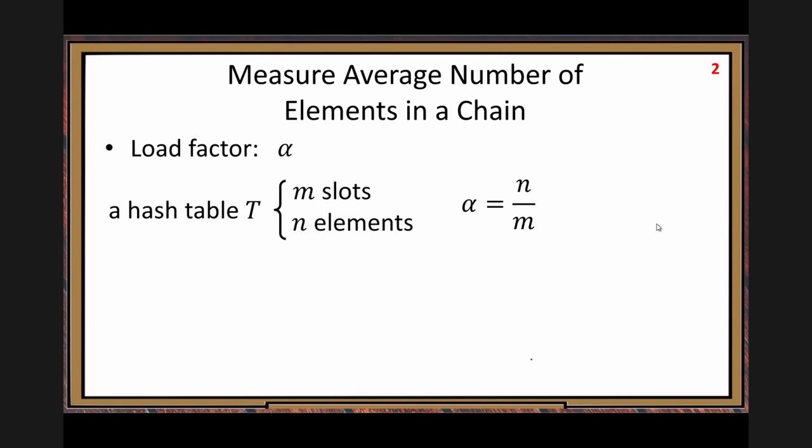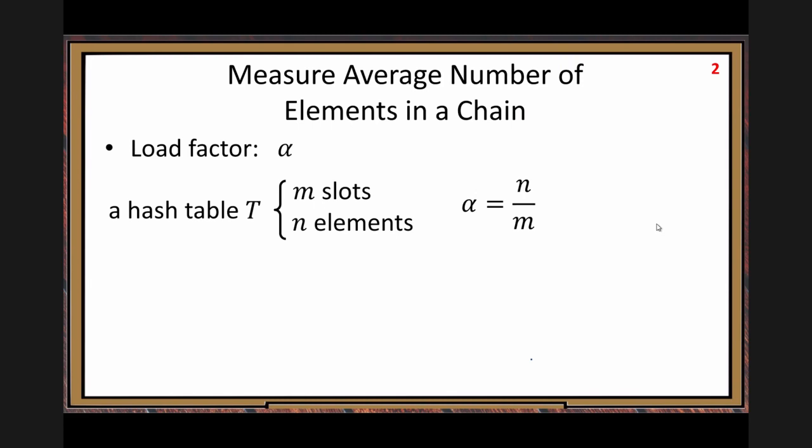So you can see, if we spread n elements evenly into these m slots, each one should be assigned alpha, this many elements, because we can use a linked list to hold this many elements. So that's the measure.